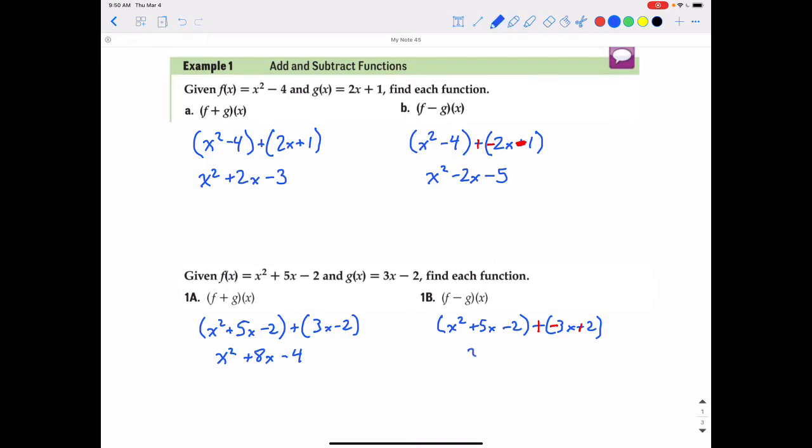So we would have x squared, because again there's no other like terms with x squared in this case, but we have 5x plus negative 3x, and that is positive 2x. And then negative 2 plus 2 is 0. There's no reason to put a plus 0 in there, so I'll just call it x squared plus 2x. If you put plus 0 in there, it would be okay, but it's not necessary, so you don't need to write it down.